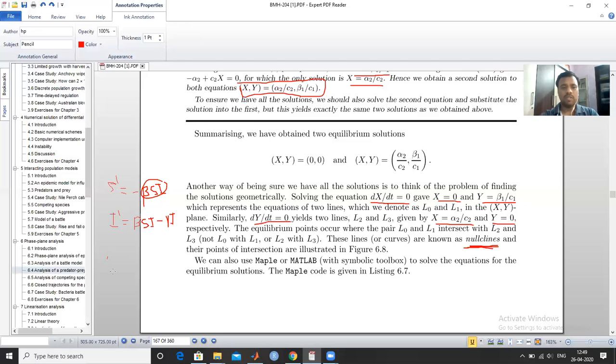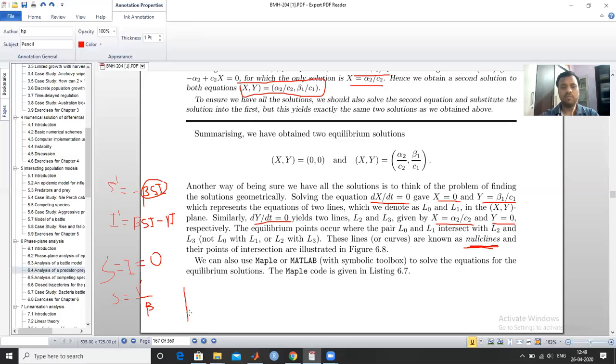So actually this represents three lines.